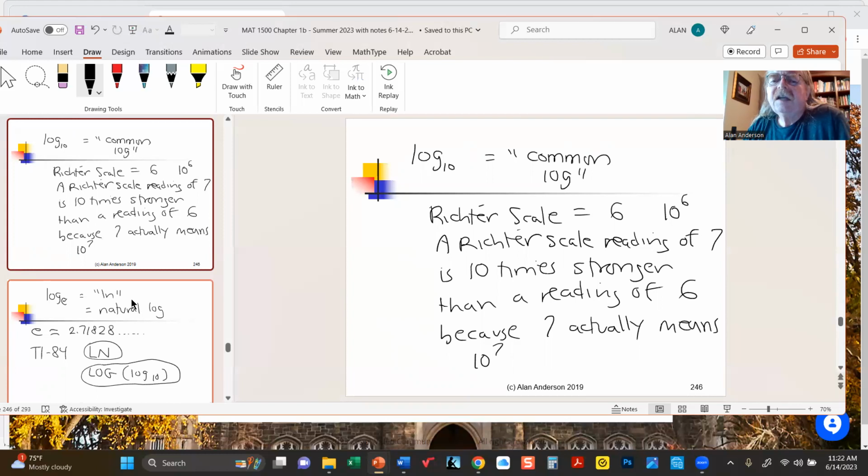That's because the actual scale is in terms of powers of 10. So in other words, 6 really means 10 to the 6th power in the scale, and 7 similarly means 10 to the 7th. So clearly, going from 6 to 7 means that we're increasing the strength of the earthquake by a factor of 10. In science, we often see these log scales being used because it's just more convenient for some reason.